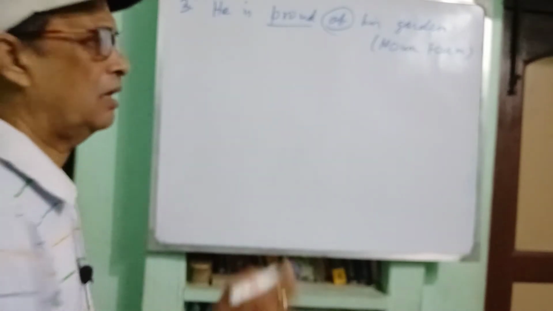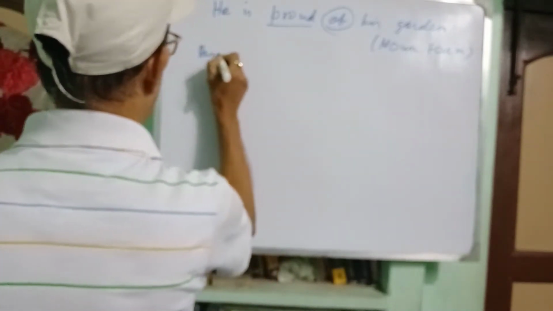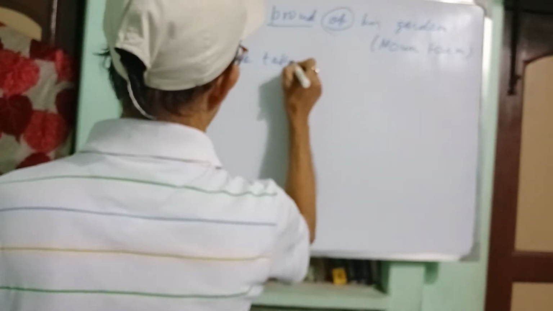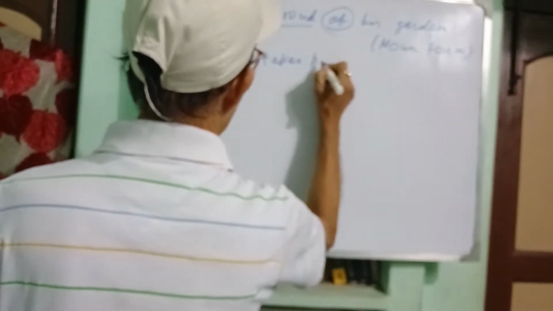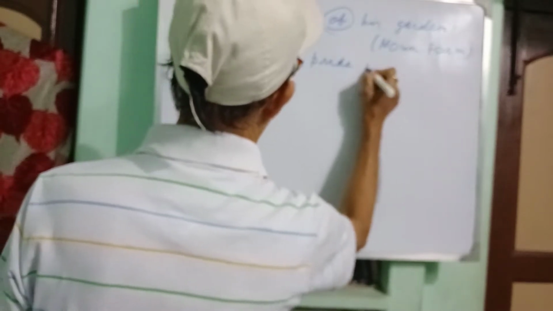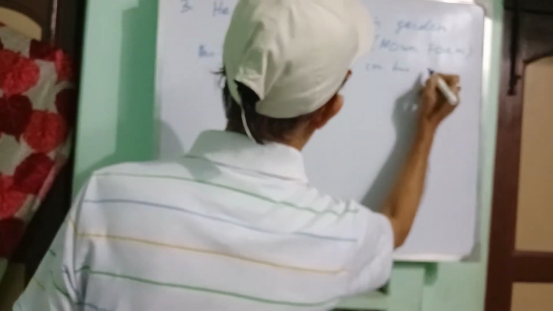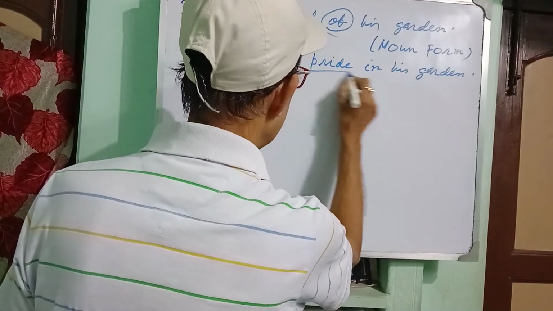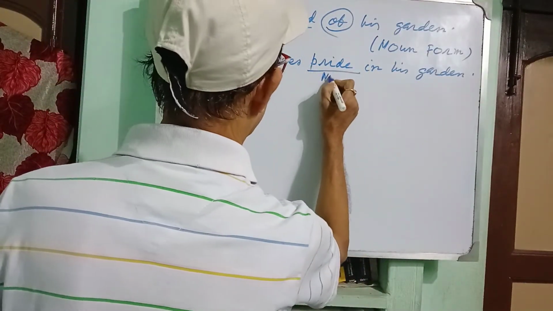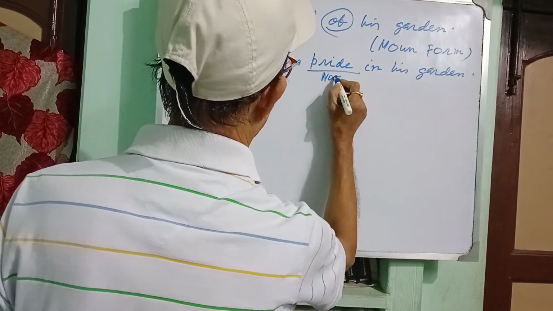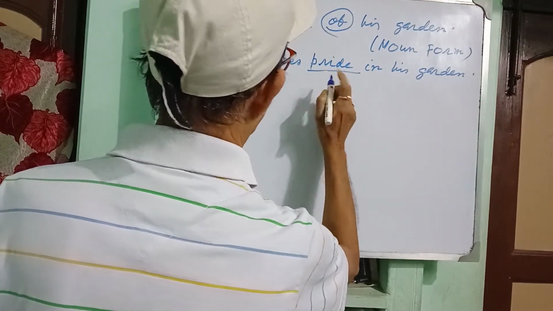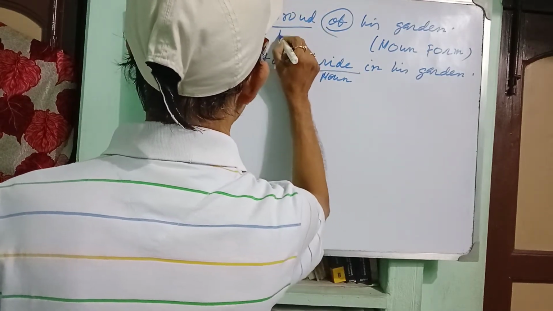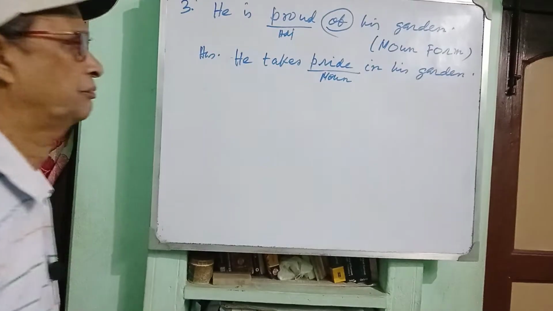So you have to write the answer: He takes pride in his garden. So pride is the noun form. It is a noun and proud is an adjective.